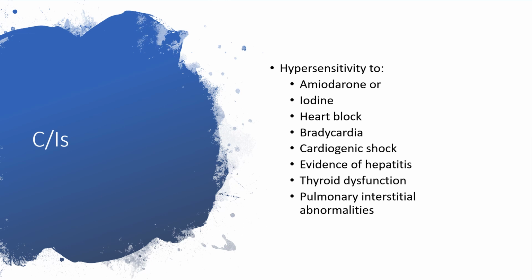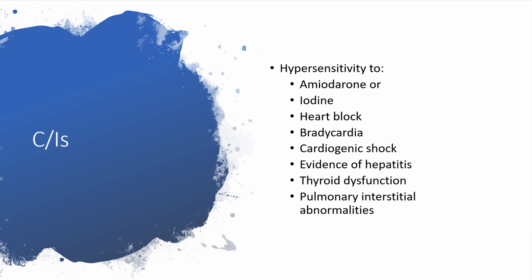With that, no amiodarone. In the phase of heart block, no amiodarone. When the vital signs show that the heart rate is low, please be careful. Don't give amiodarone. In cardiogenic shock, no amiodarone.